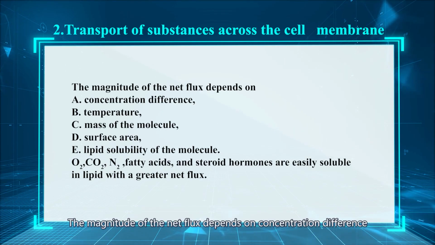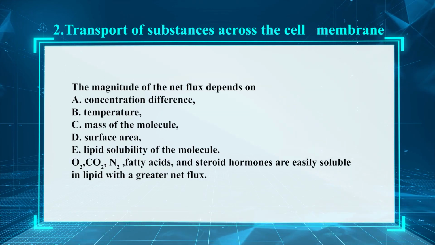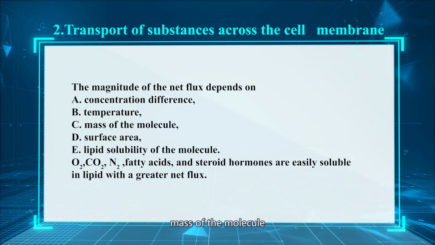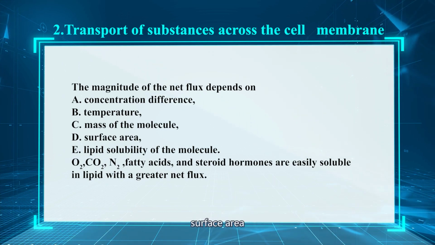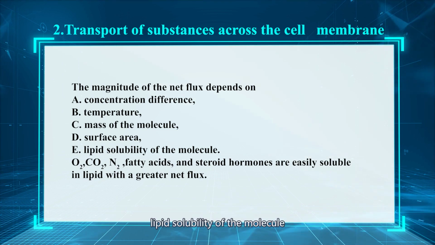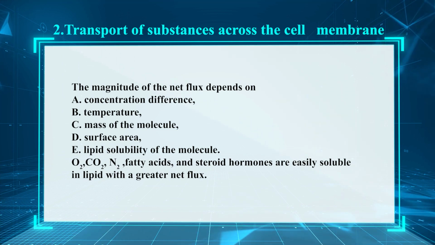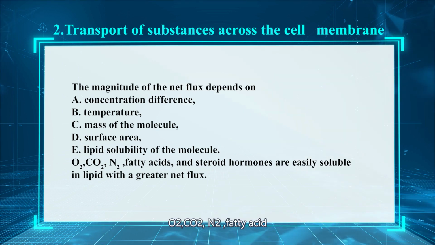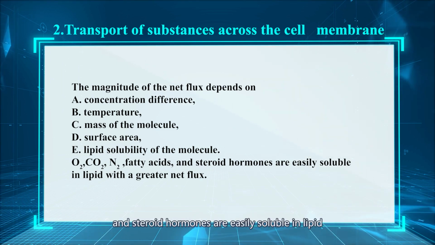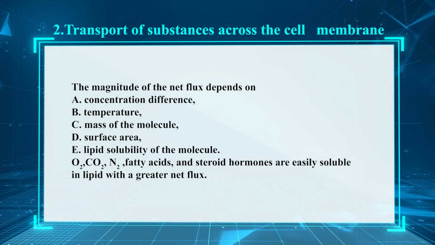The magnitude of net flux depends on the concentration difference, temperature, mass of molecule, surface area, and lipid solubility of the molecule. Oxygen, carbon dioxide, fatty acids, and steroid hormones are easily soluble in lipid, with a greater net flux.